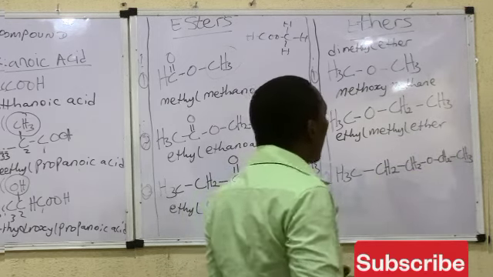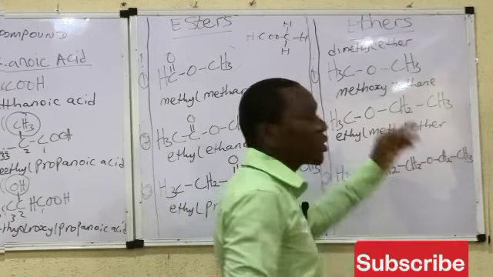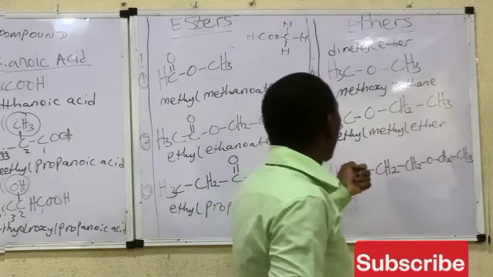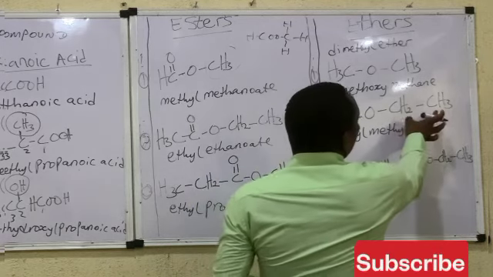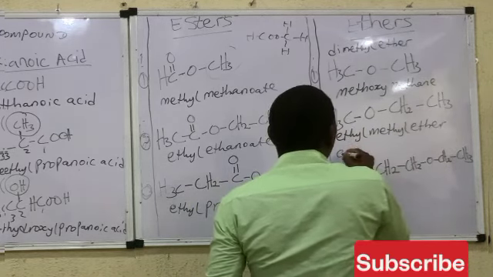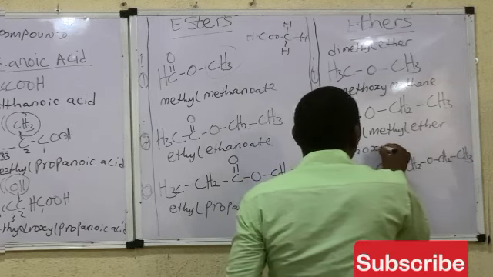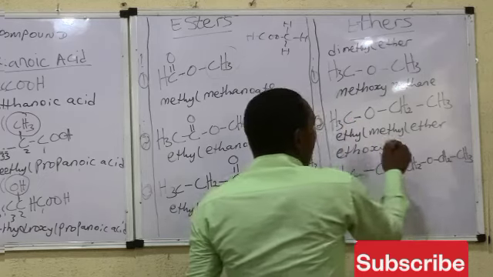All right. Now this is a very old system of naming it. All right. So now let's use the IUPAC nomenclature for this. IUPAC nomenclature, we can now say this is a methyl group, right? We can now say methoxyethane.